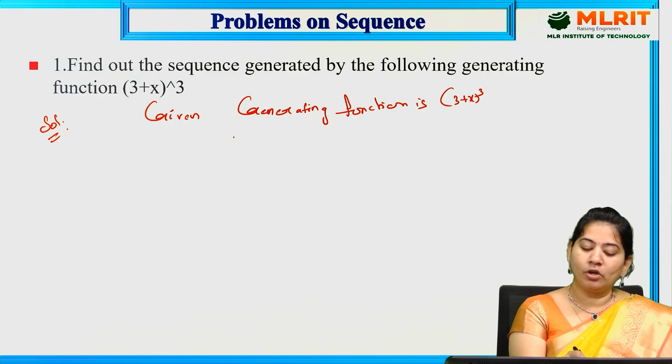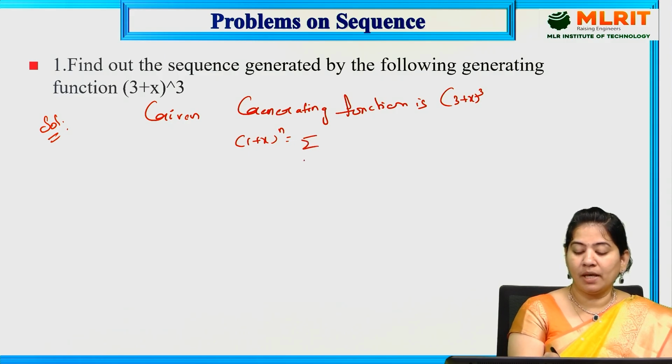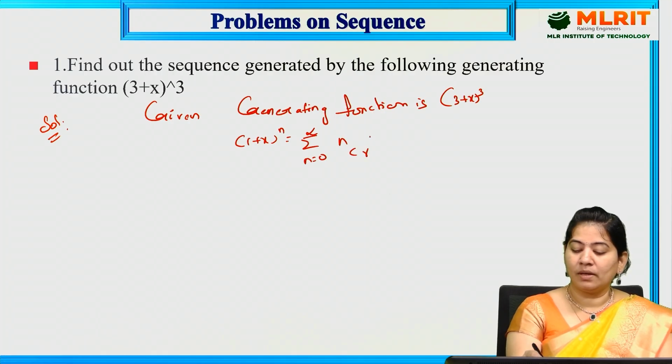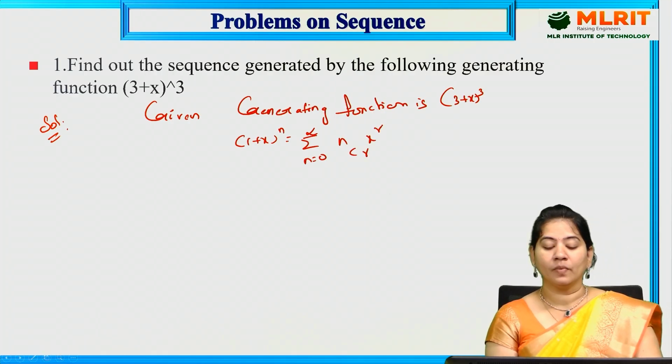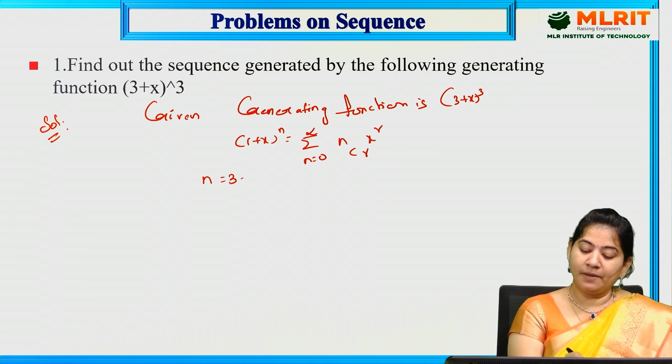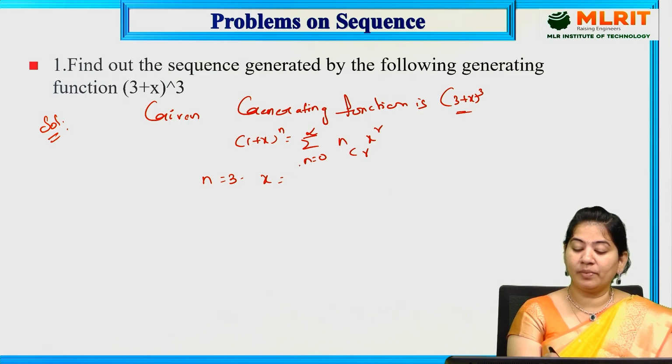We know that the formula here is (1 plus x) whole power n is equal to the sum from r equal to 0 to infinity of nCr x^r. So this is the formula. If you observe, n is equal to 3, but we need 1 in the first term, so if you take 3 common, then x becomes x by 3.